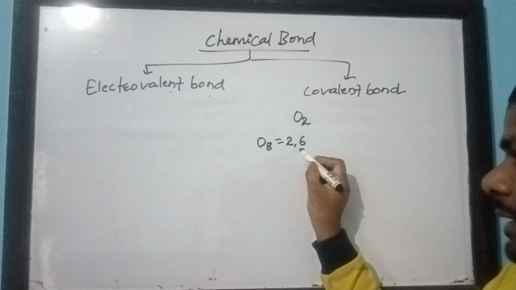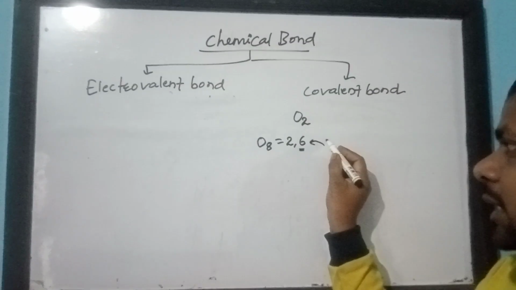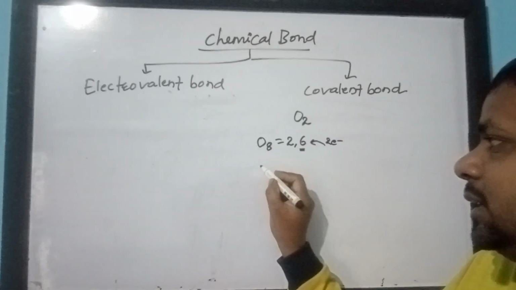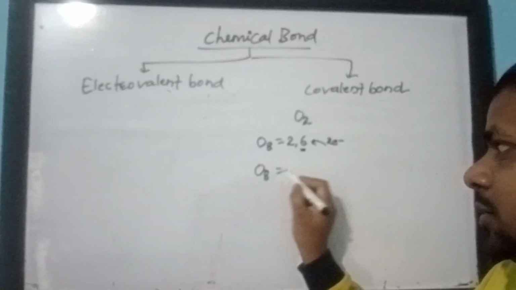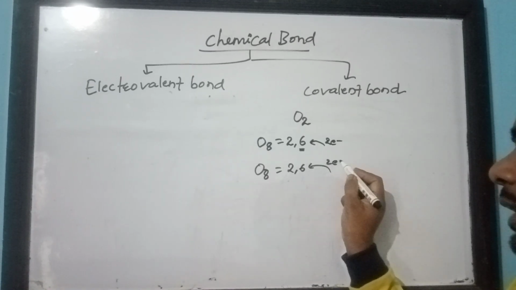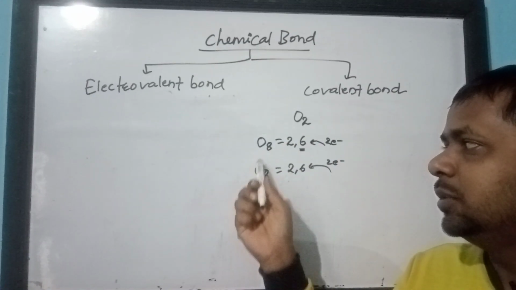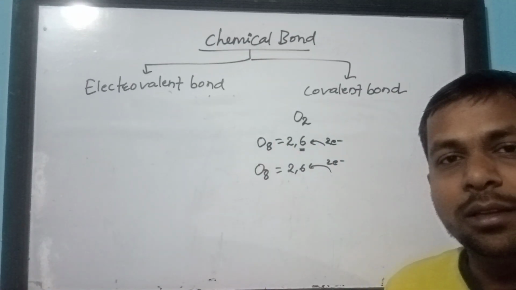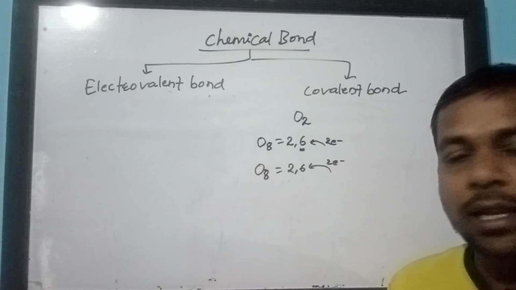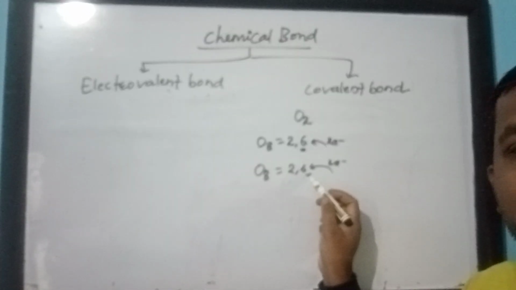Because it has 6 electrons in the outermost orbit, it tries to gain 2 electrons from anywhere. Similarly, another atom has the same phenomenon, 2 and 6 electrons. It also wants to gain 2 electrons. Because these two atoms require electrons, they are both non-metals. Both require electrons to obtain the 8-electron configuration, that is the octet state.